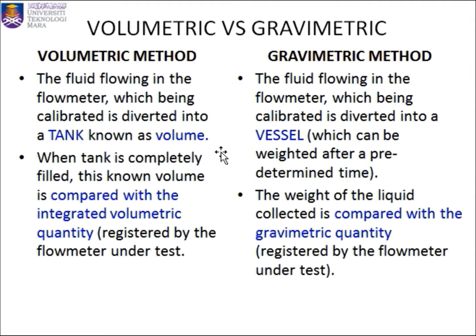And for the volumetric method, when the tank is completely filled, this known volume is compared with the integrated volumetric quantity registered by the flow meter under test. But for the gravimetric method, the weight of the liquid collected is compared with the gravimetric quantity registered by the flow meter under test.